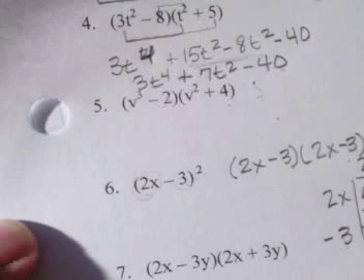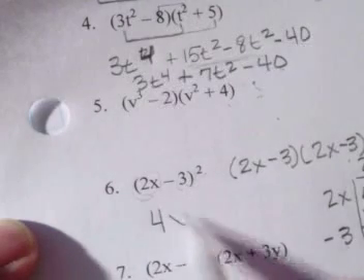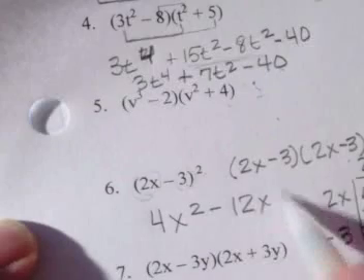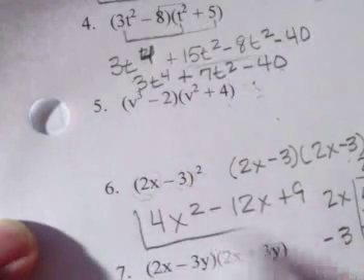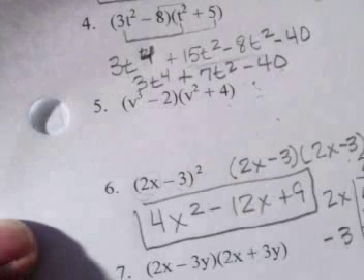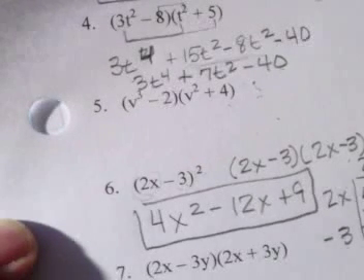Negative 3 times negative 3 is positive 9, and so forth. Again, I've got like terms on my diagonal, so this becomes 4x squared minus 12x plus 9. I happen to kind of like the box method best, but again, either one will work. You finish the rest of the worksheet and make sure and check your answers.